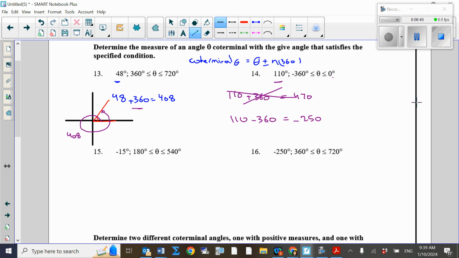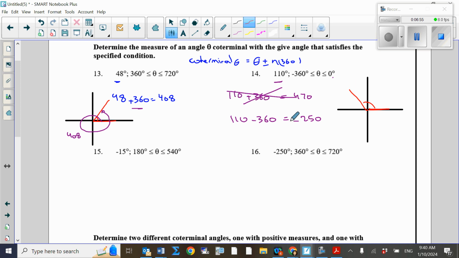And let's also find it using the graph of the angle. So 110 is this angle. This is our original. Starts from here and ends almost here. Now, how do we find the coterminal using the graph? You know that the rule is start from the initial side and stop at the terminal side.